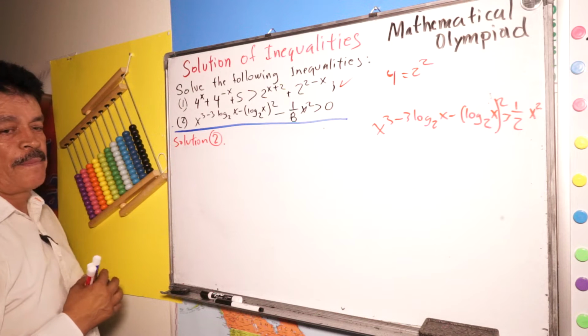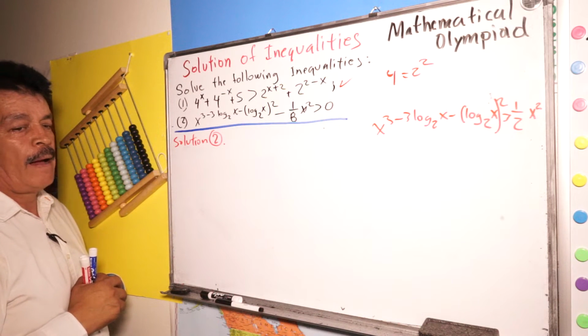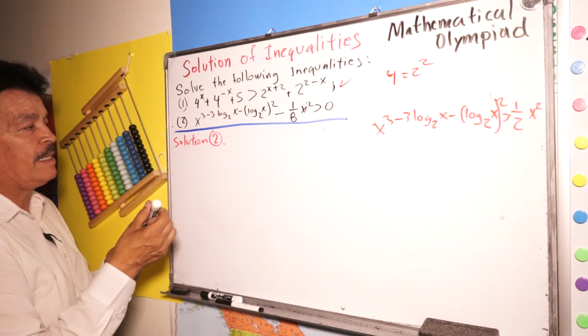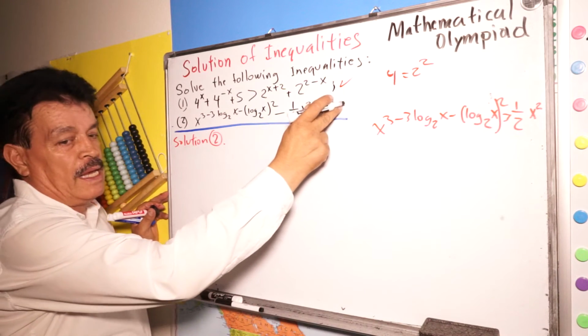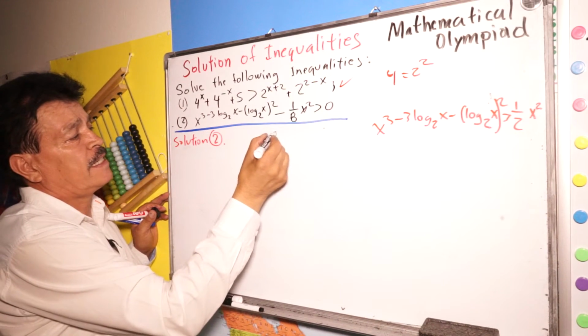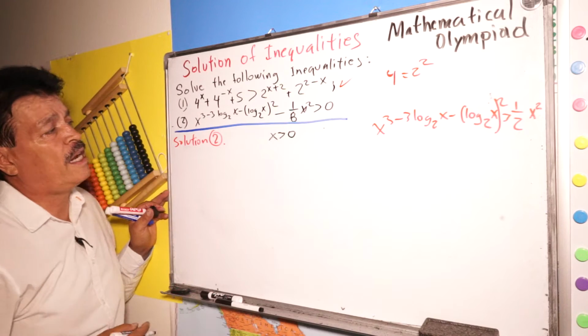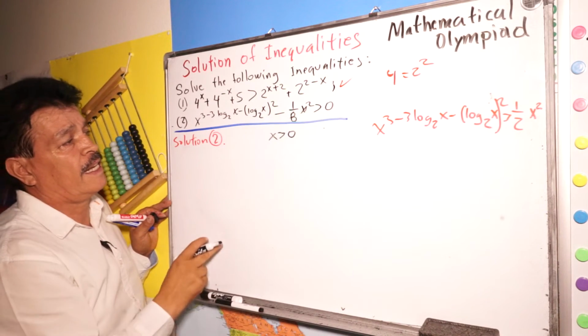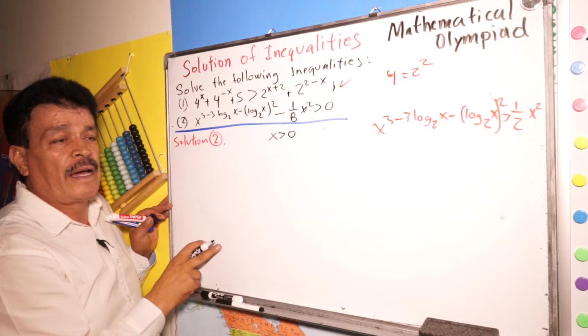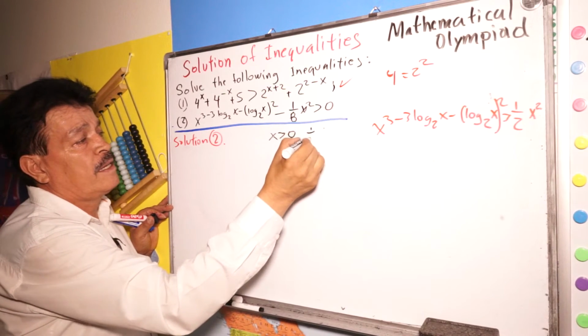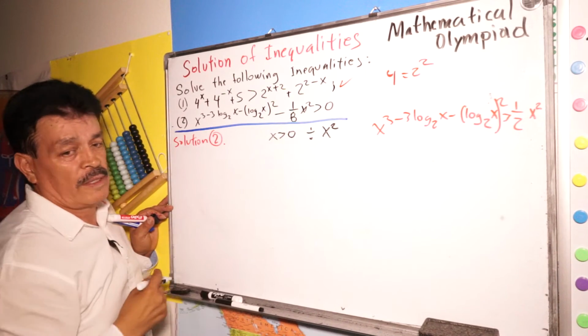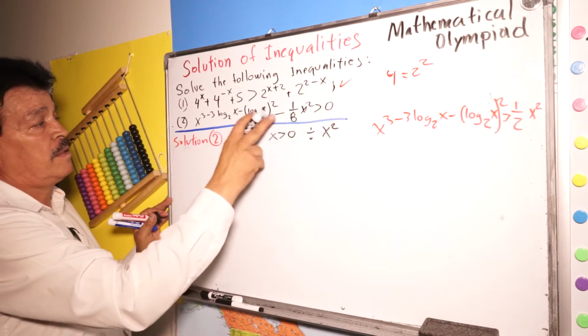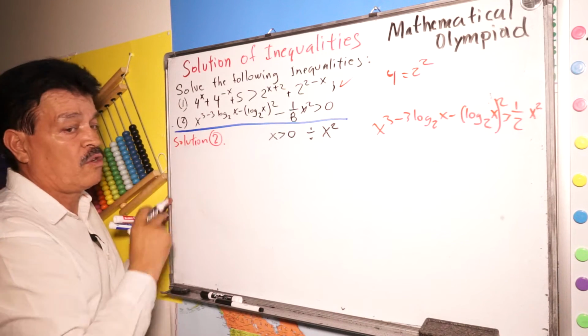Let's find the solution. Apparently in this problem, x is greater than 0. Dividing by x to the second power on both sides, we are talking about problem number 2.